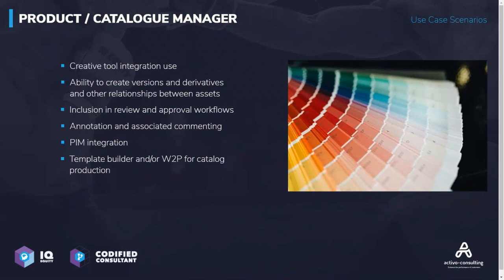This, of course, relies on a strong integration between the DAM and a separate product information management or PIM system. So the product data from the PIM could be directly linked with product images, logos, and any related product documentation that's stored in the DAM.